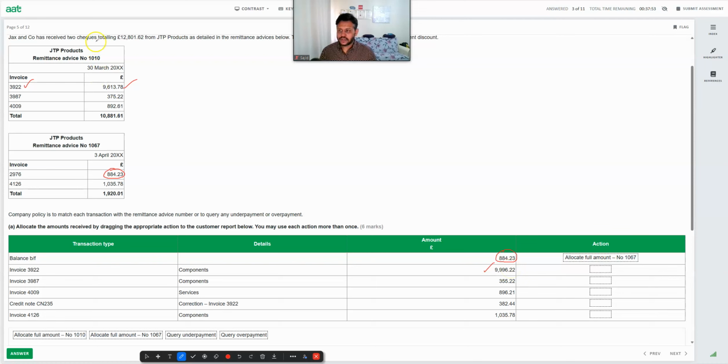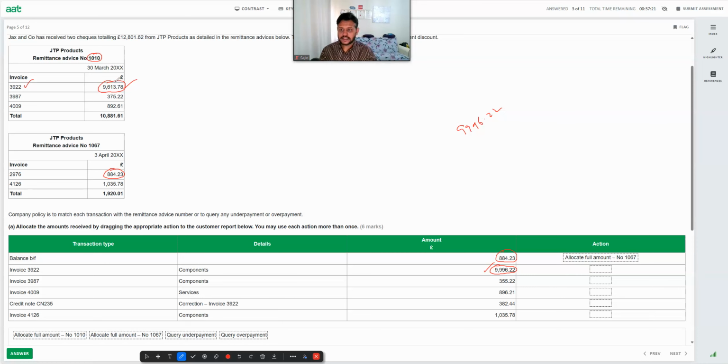And this invoice was on the remittance 1010. Now obviously you can see it is not matching exactly, because on my record it says 9996.22, and they paid me 9613.78.